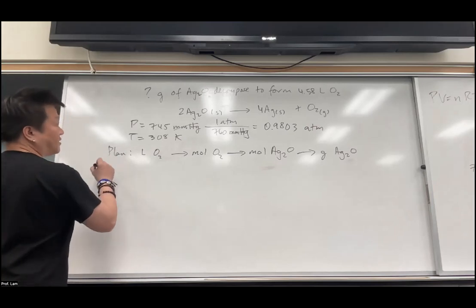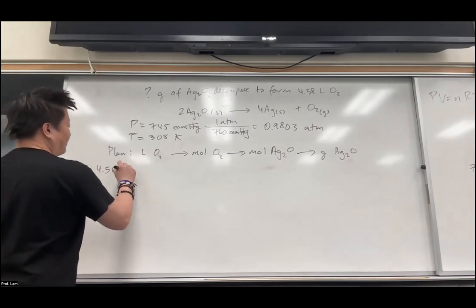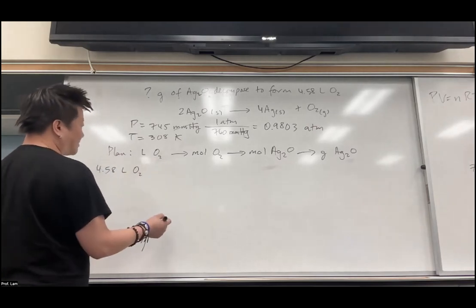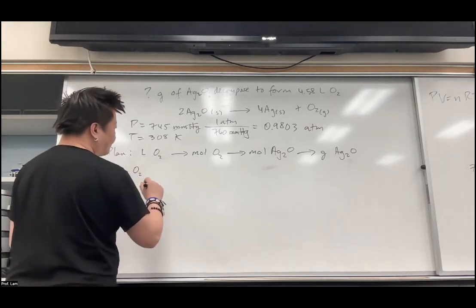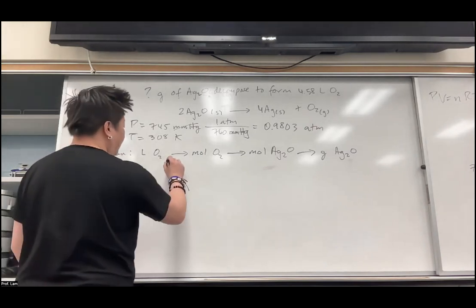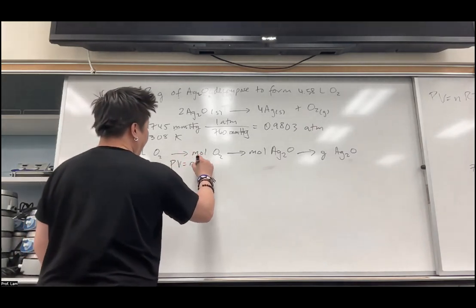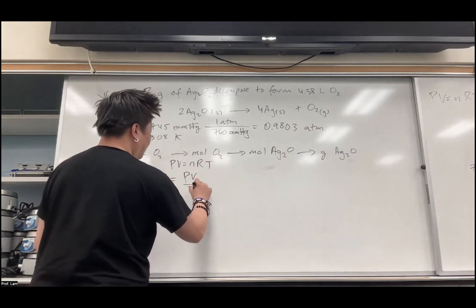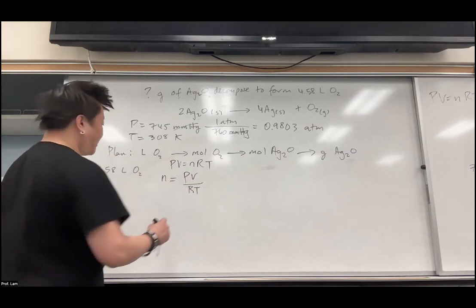All right, let's execute. So we got 4.58 liters of O2. We need to get this to moles. So we're gonna have to use PV equals nRT, right? Solving for mole, it's PV over RT, right?